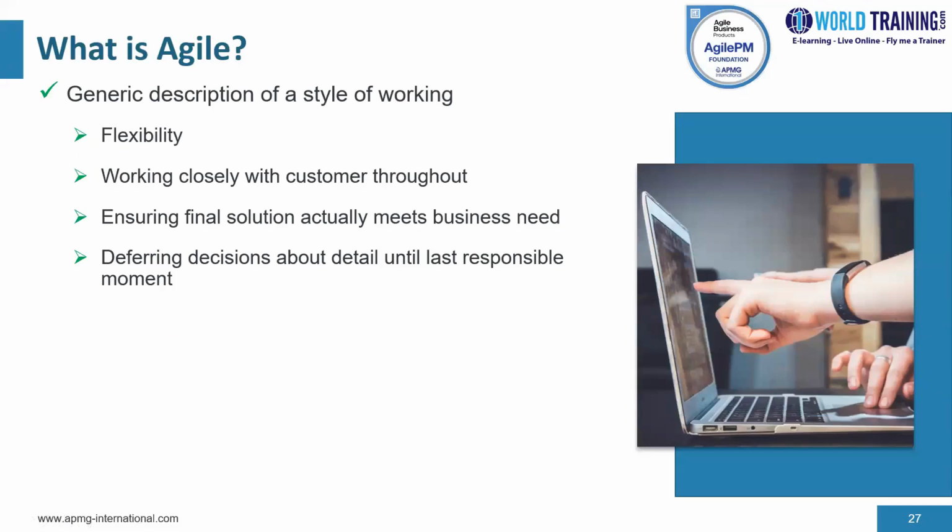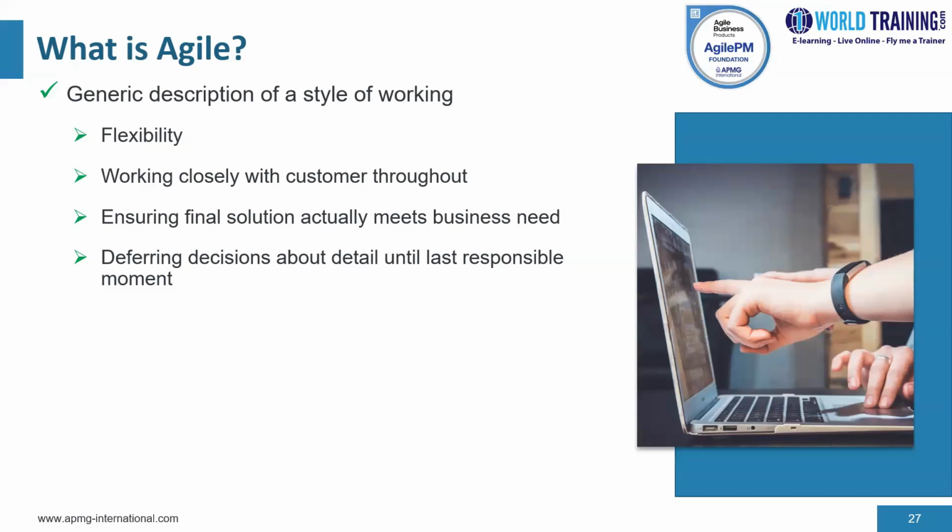Now, let's begin with the question of what Agile is. There are a lot of misconceptions about what Agile is and what it does and does not do. But in reality, Agile has to be pragmatic, and here we've got certain interesting ideas. It's a generic description of a style of working. So to be Agile is to be flexible, and to be Agile is to work closely with customers throughout, engaging with customers constantly, gathering feedback from them and having shorter feedback loops.